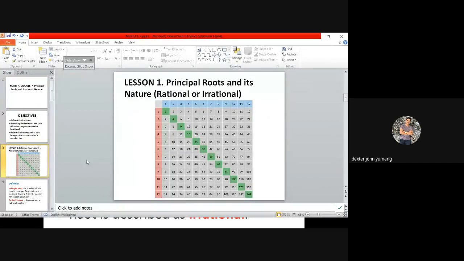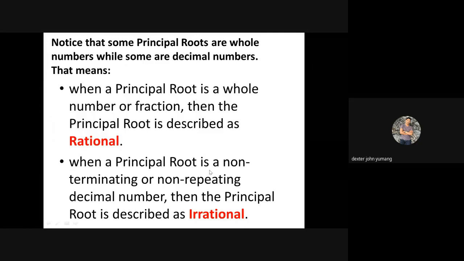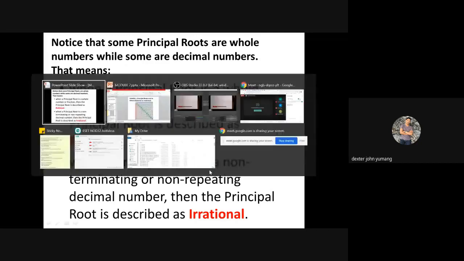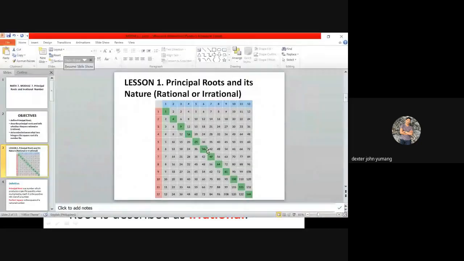So, dito sa multiplication table, kung tingnan po natin, 36, ito po siya. So, ano yung number na ginamit nyo na imultiply para makuha si 36? That is 6 and 6. So, 6 times 6 is 36.